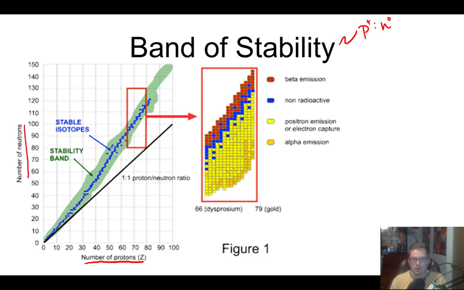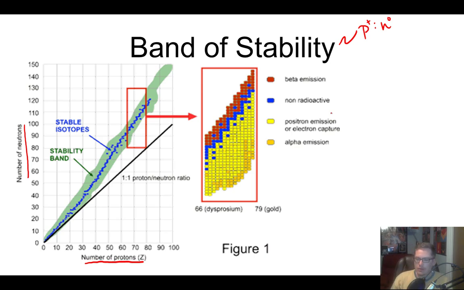Okay, so note when you get to about 50 or so, 55 or so, you need about 1.5 neutrons to every 1 proton, when you're up in the high levels. All right, and we'll talk about that here in a minute. I've got a slide with some bullet points to help you with your notes. Okay.